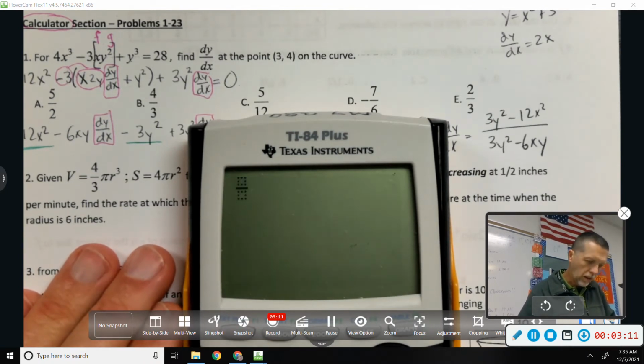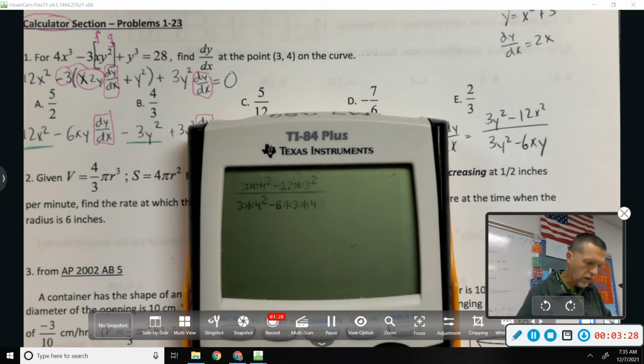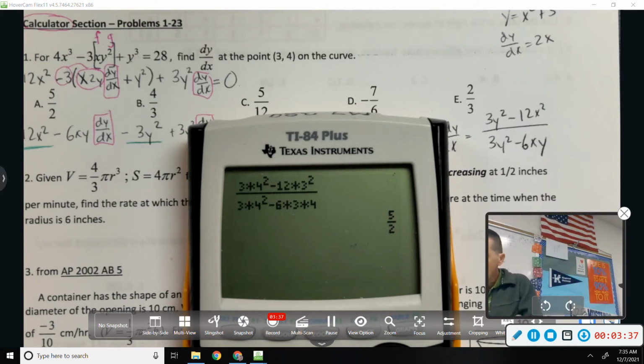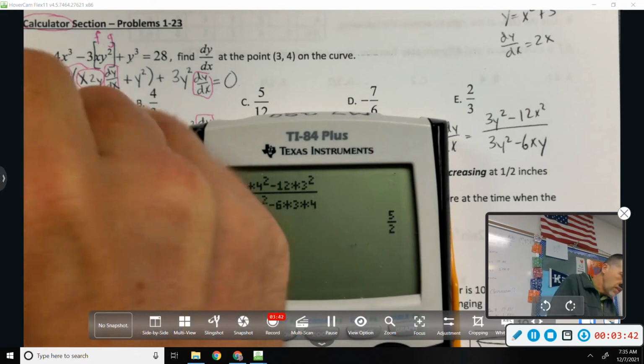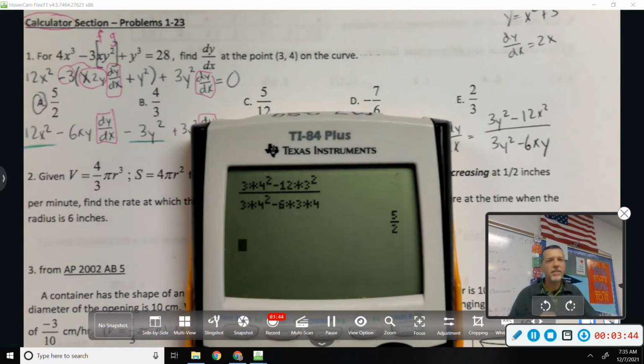Let's see. 3 times 4 squared minus 12 times 3 squared over 3 times 4 squared minus 6 times 3 times 4. Oh, that's kind of cool. My calculator recognized that I was trying to put in a fraction, so it gave me a fraction as an answer. 5/2.